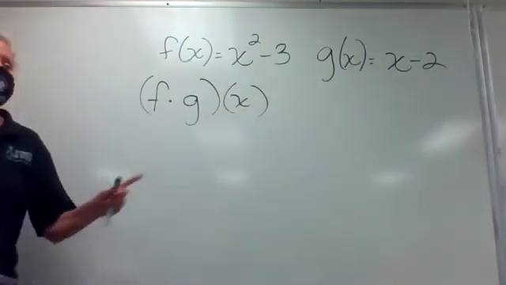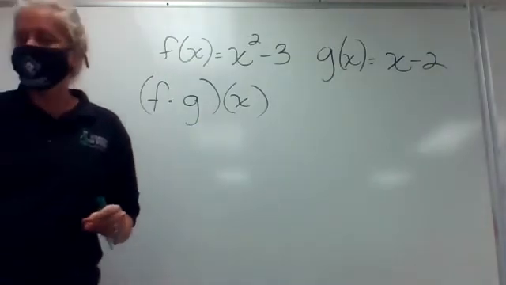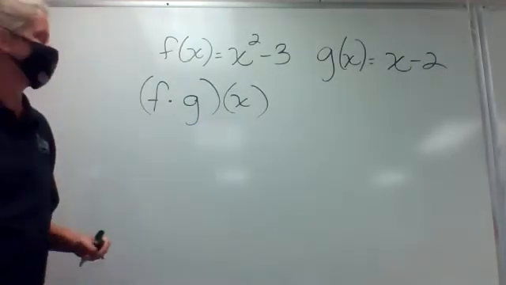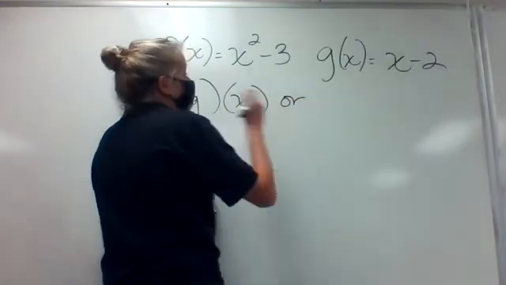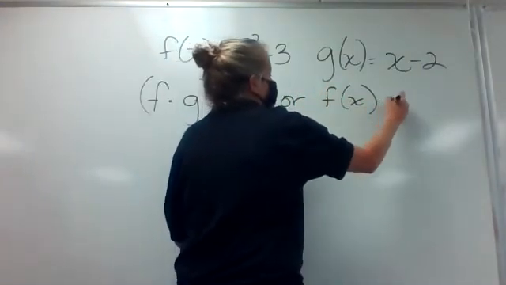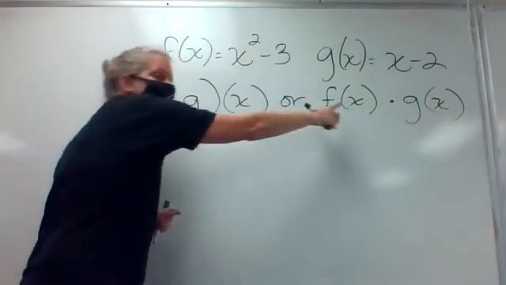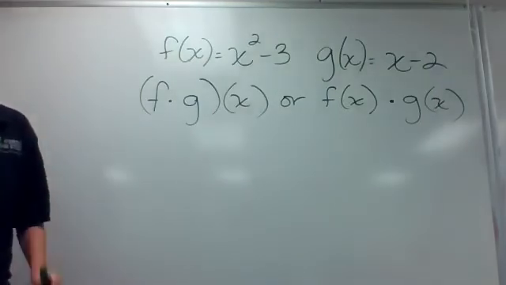And they said now define f times g of x. So just like you were saying, another way to say that is to find f of x times g of x. That's just another way to say that.